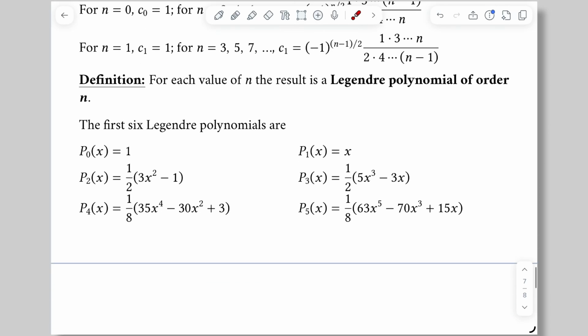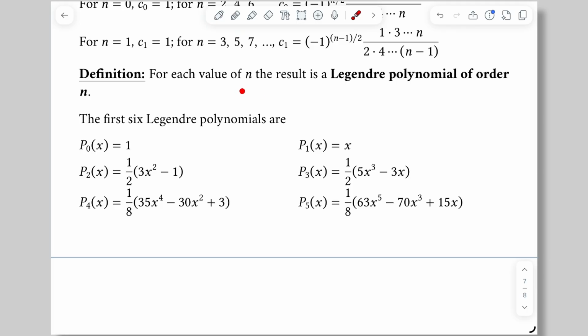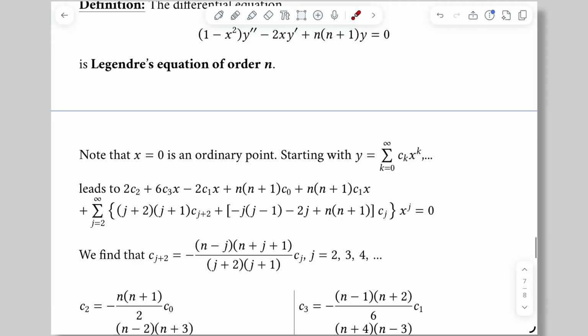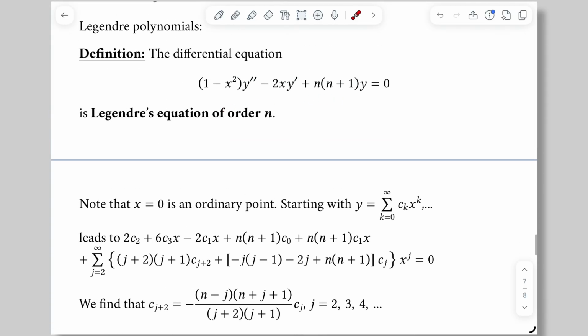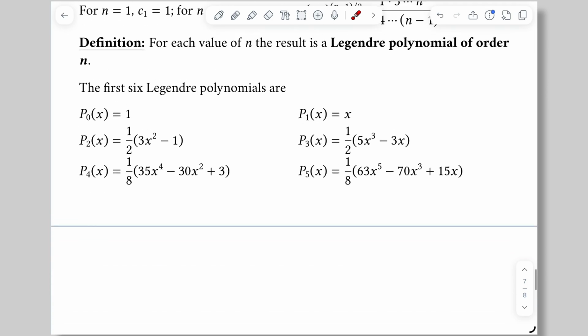The punchline here is, for each value of n, what we end up with is something called a Legendre polynomial of order n. And I've listed 6 Legendre polynomials here. P sub 0 of x is equal to 1. What that means is, if our equation that I had read before has a 0 in place of n here, then the solution is 1.